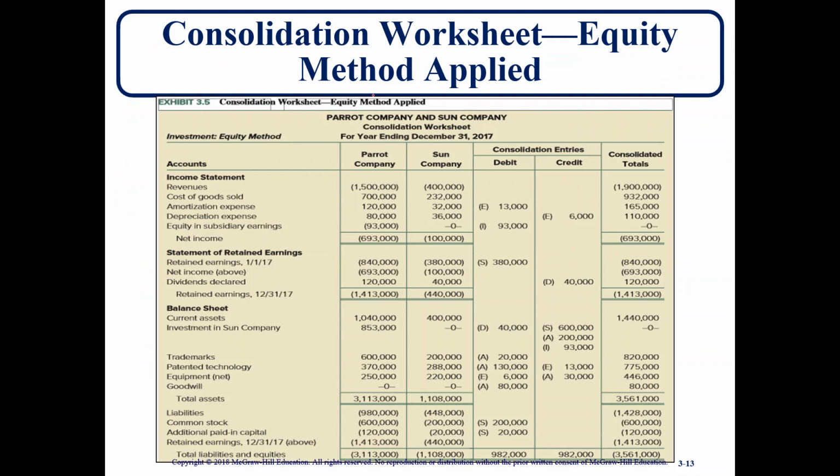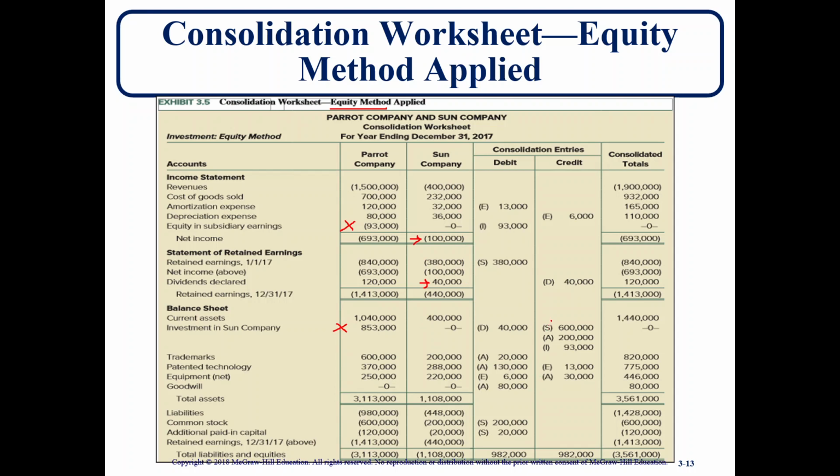Okay, so here we have, again, we're using the equity method, and we already talked about how the 93,000 was calculated, how the 853 was calculated, and we have our subsidiary dividends and our subsidiary's net income. If you're not given these figures, but you're given the amounts from the subsidiary, then you can extract them from their financial statements.